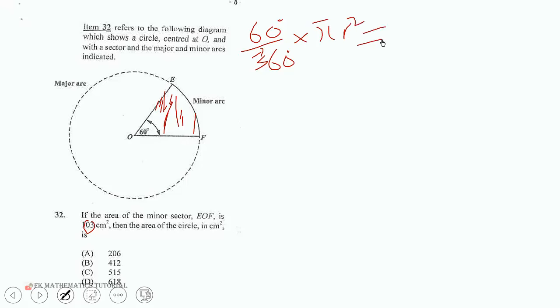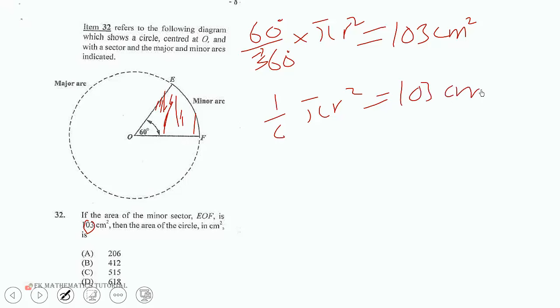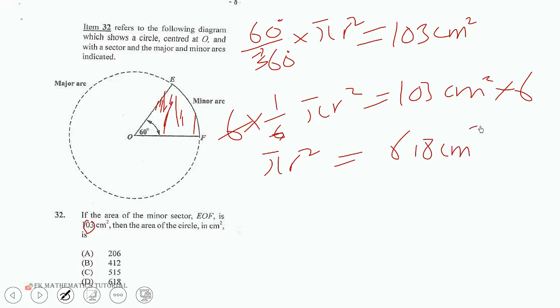We were told that this is equal to 103 centimeters squared. So 1 over 6 pi r squared equals 103 centimeters squared. Multiply through by 6, and we get the area of the circle to be equal to 618 centimeters squared. So the correct answer is D.